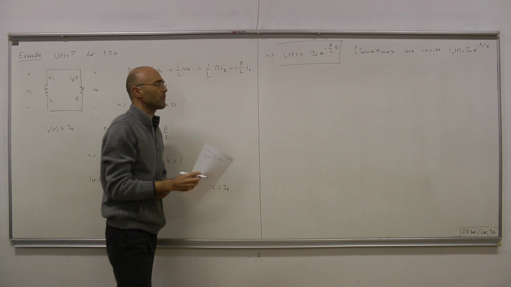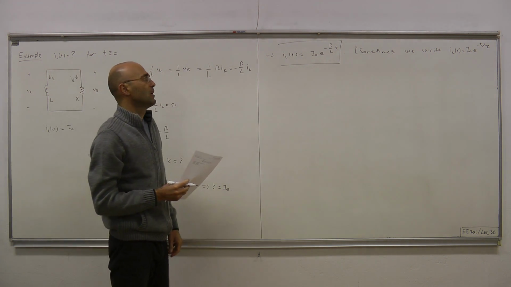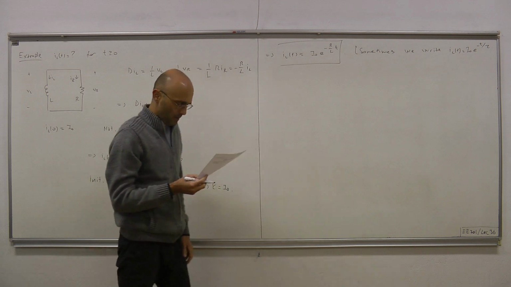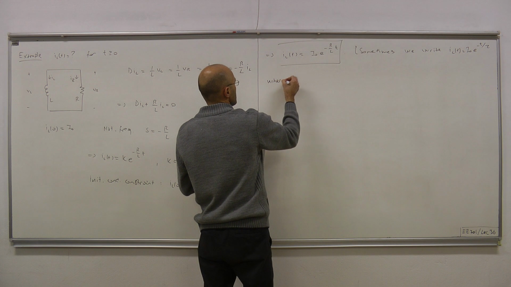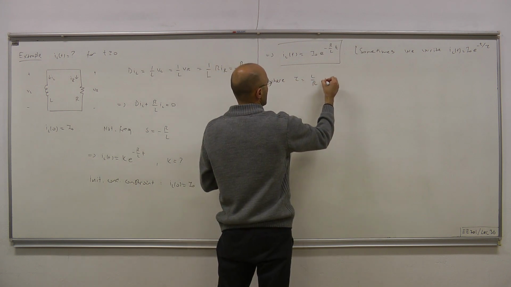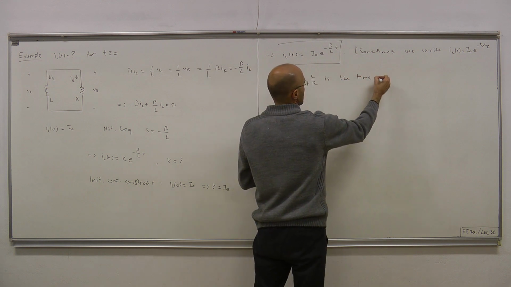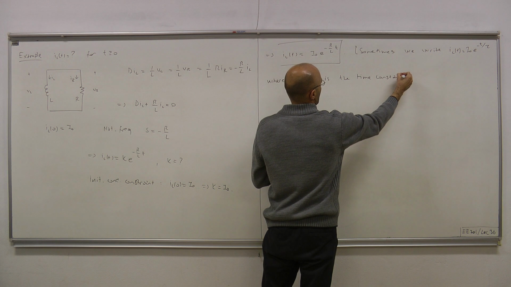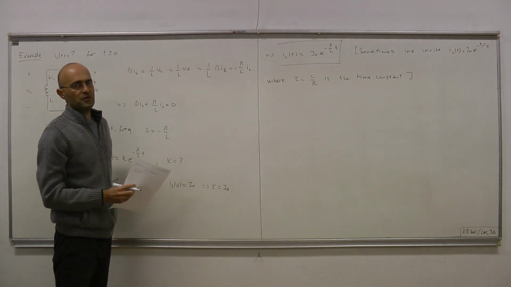The time constant for the capacitive circuit was RC, and now it's L over R, where L over R is the time constant. And the smaller the time constant, the faster the response.